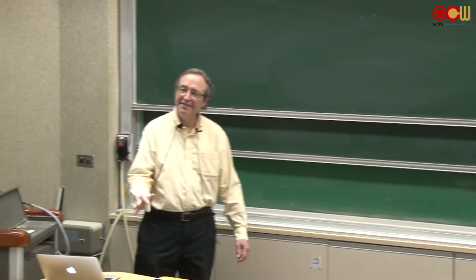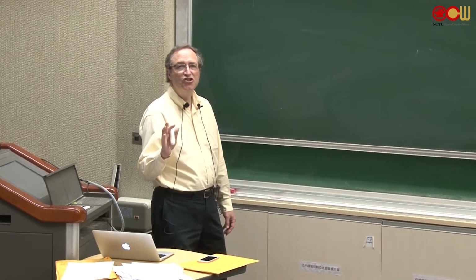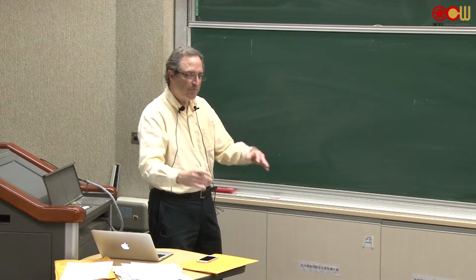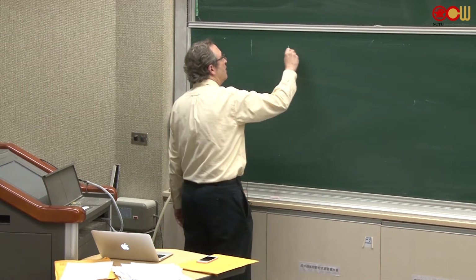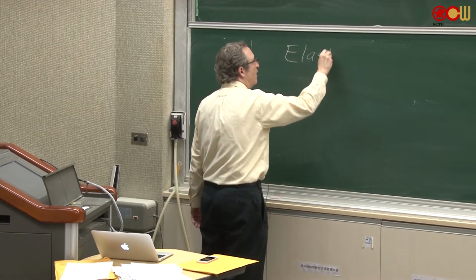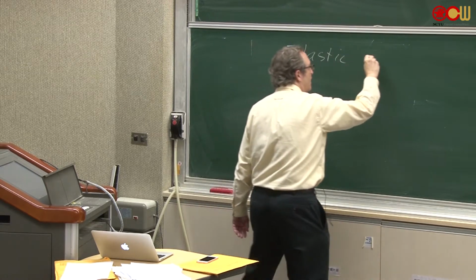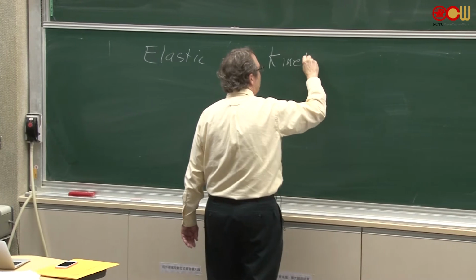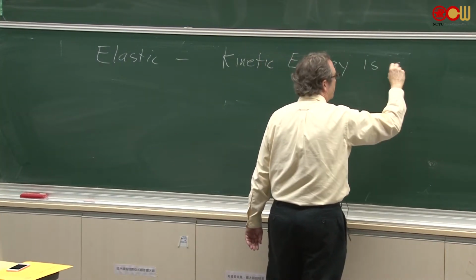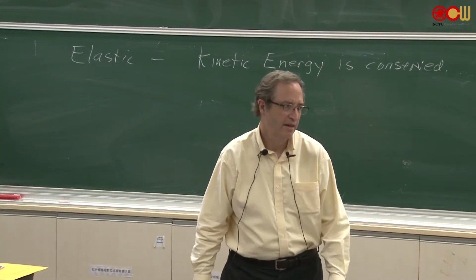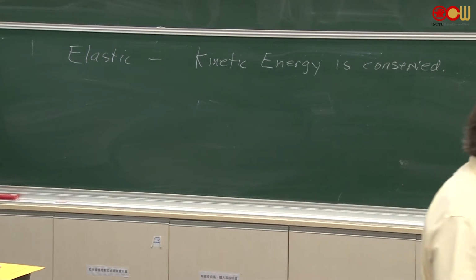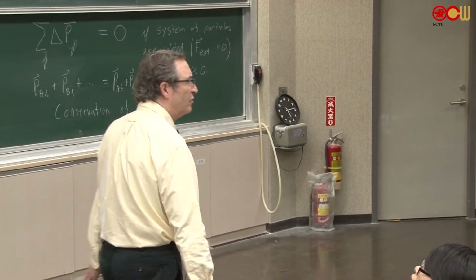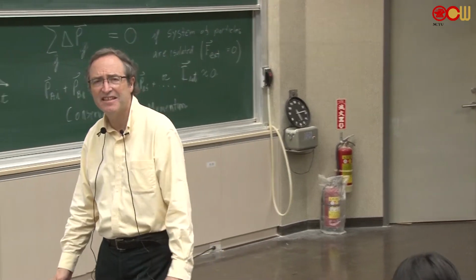So elastic collision, which is never perfectly achieved in macroscopic objects, but is pretty close in many. That means kinetic energy is conserved. How do you know if it's elastic? Really, you don't, all right? You have to more or less be told, or you can kind of sense it.